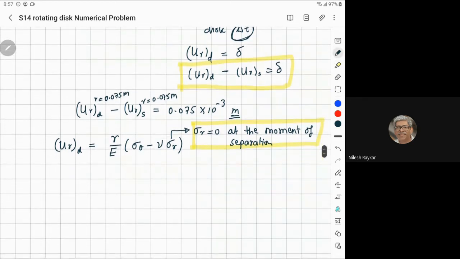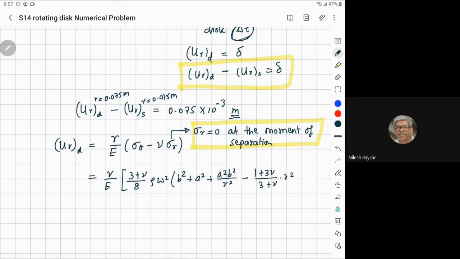And now we'll substitute the formula for sigma theta. So we'll have r by E in the bracket, (3 plus nu) by 8, rho omega square, in the bracket b square plus a square plus a square b square by r square, minus (1 plus 3 nu) divided by (3 plus nu) multiplied by r square.